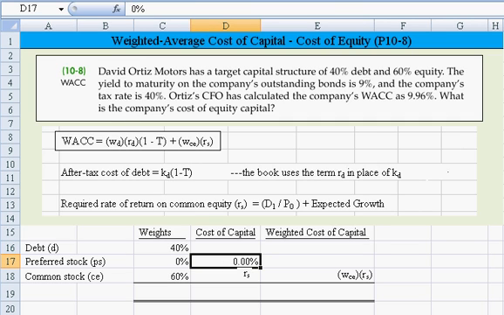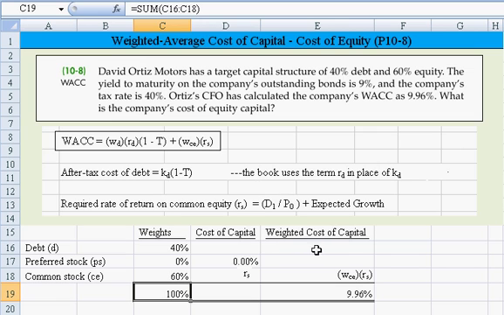Preferred stock at 0. And the two unknowns are the rate of return, the cost of capital on common stock, and then the weighted average portion. But we know that overall it's worth 9.96%. Now this one should equal 100% if we've done it right.